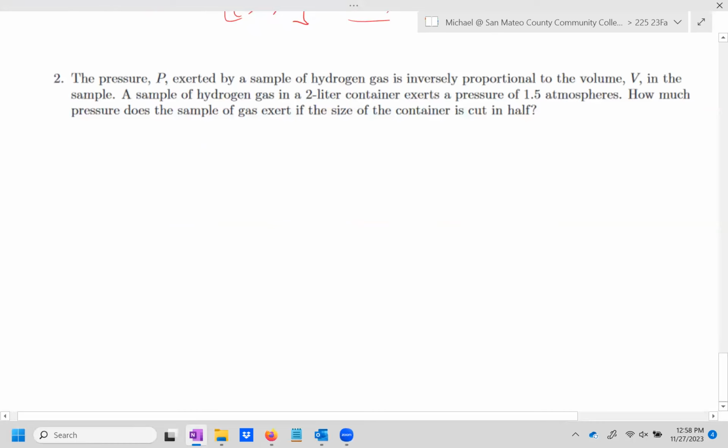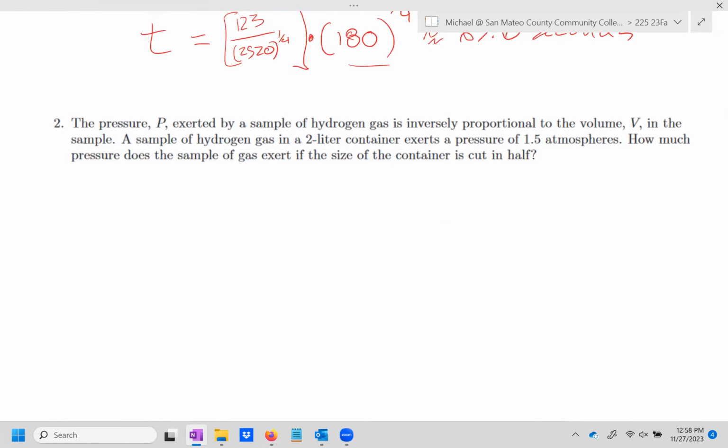The pressure P exerted on a sample of hydrogen gas is inversely proportional to the volume V. Okay, so everybody see this? Translate this into a formula. This is known as an inverse variation formula.